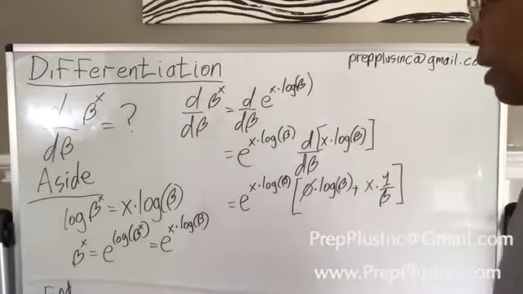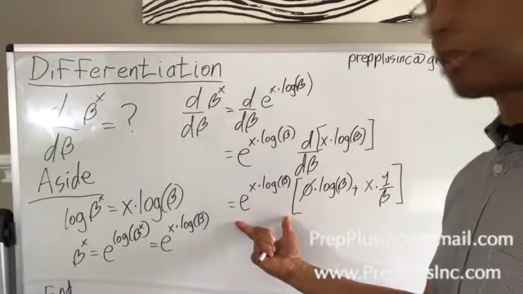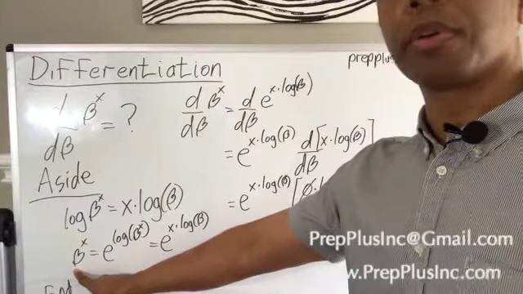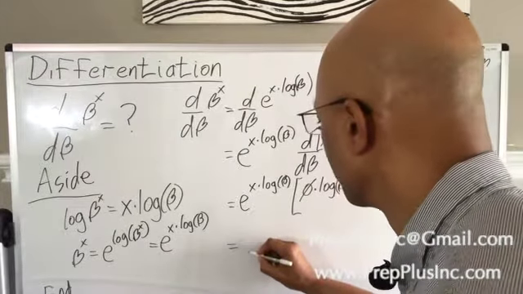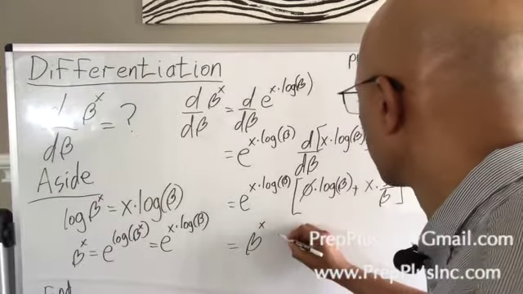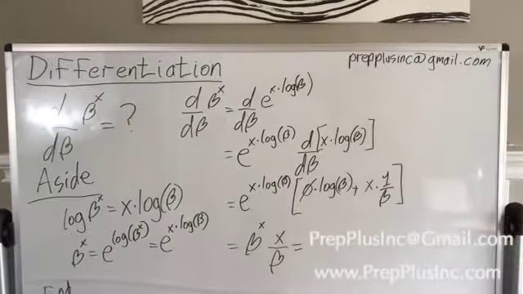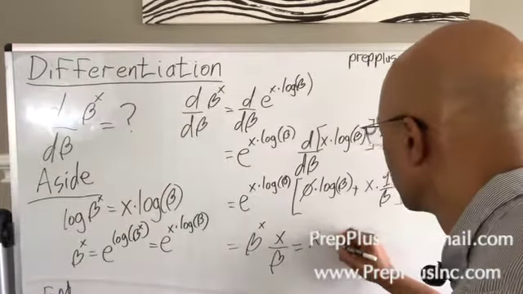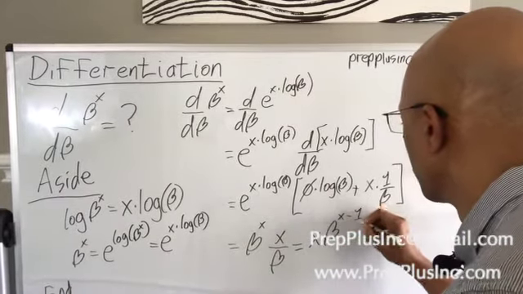Okay? Now we know what this is. E raised to the power x log beta is actually beta to the x. That's what we figured out on our aside. So this is beta raised to the x power times x over beta, which is, drum roll please, x times beta raised to the x minus 1.